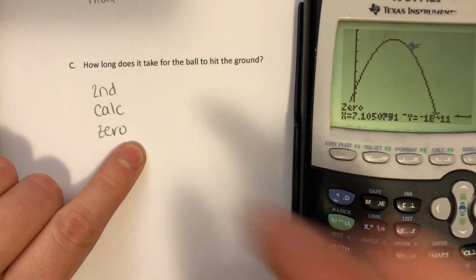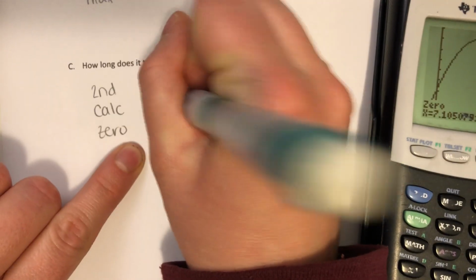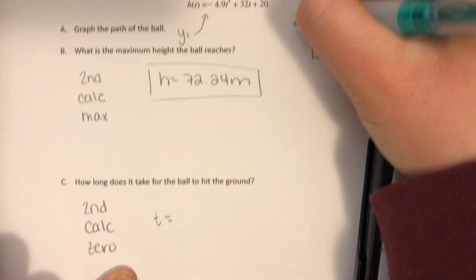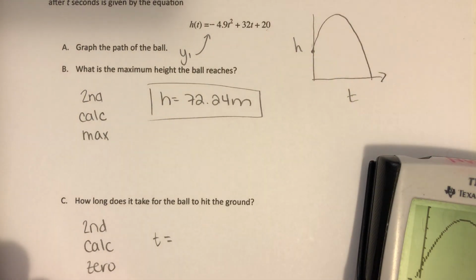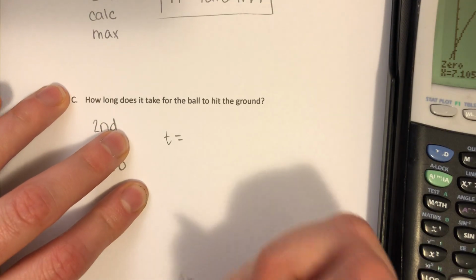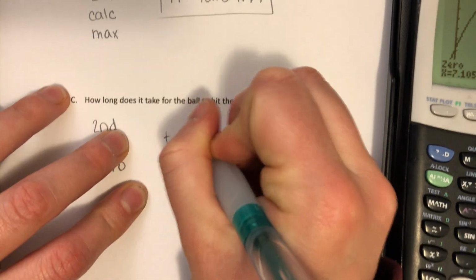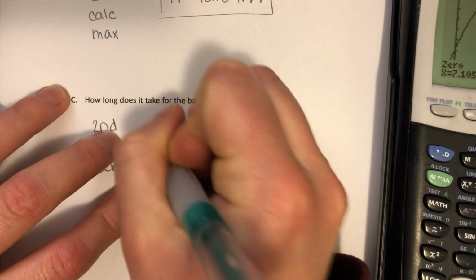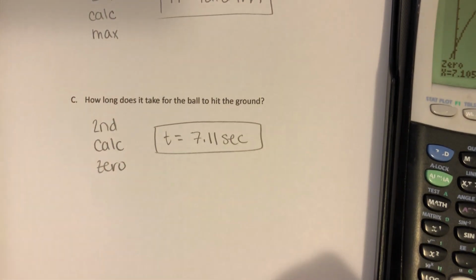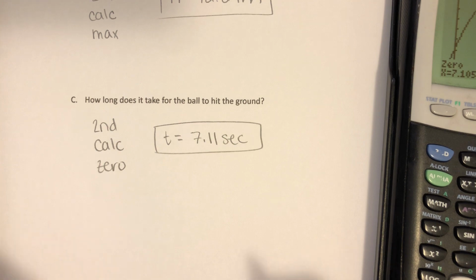And so x, which is our t, right? Because this is t, this is h, which is really standard for these types of questions. T is 7.11 seconds when we round it to the nearest hundredth. And if it doesn't say what to round it to, hundredth is a really good call.